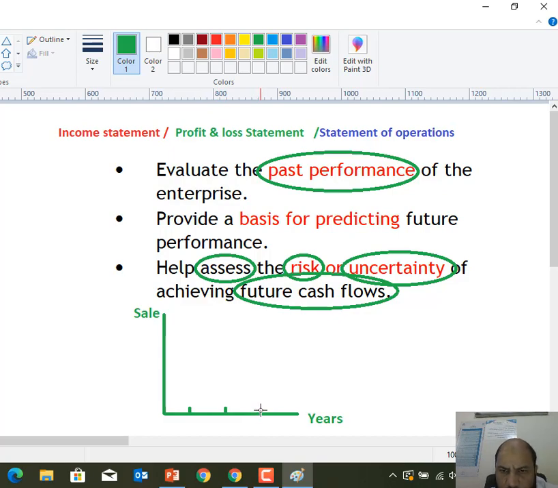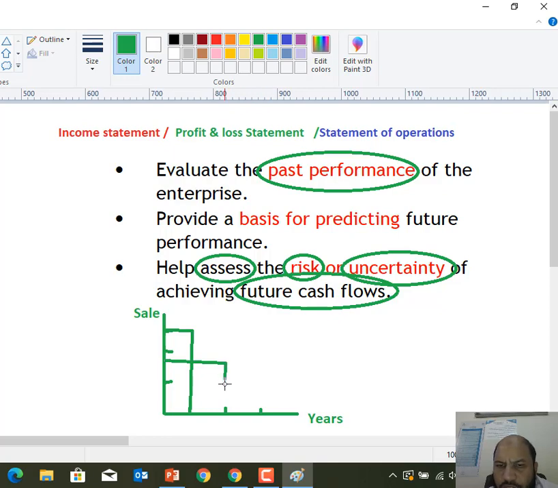In each year we have sales figures like this, different figures. Consider that in year 1 we had this much sales, but in the next year our sales went down to this place.